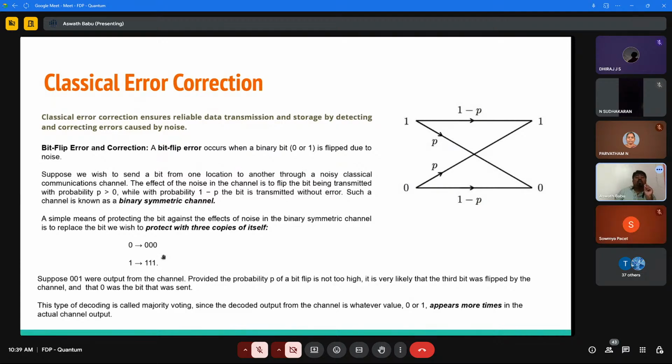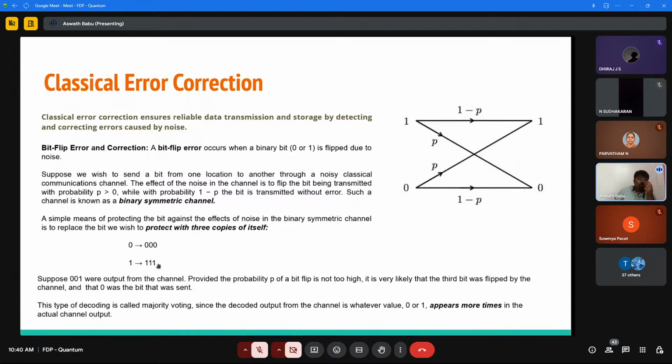That's why we added 2 more bits to that bit and sent it as a logical 0. So if there is a chance of only 1 bit being flipped, I have to create a logical bit with 3 individual bits. Remember that. Only a single bit is going to be compromised, so I have to prepare a logical bit of 3 bits. Same story for the 1 bit also.